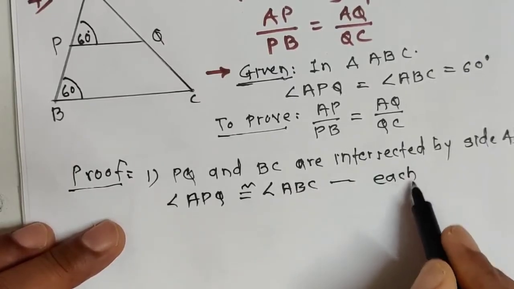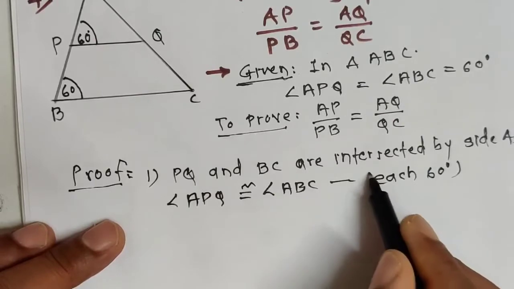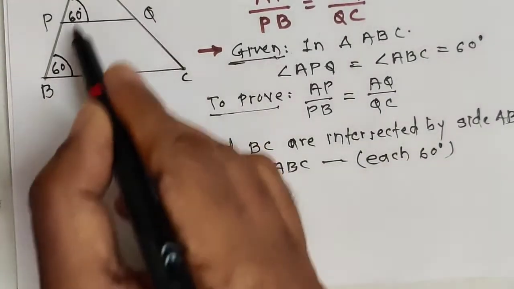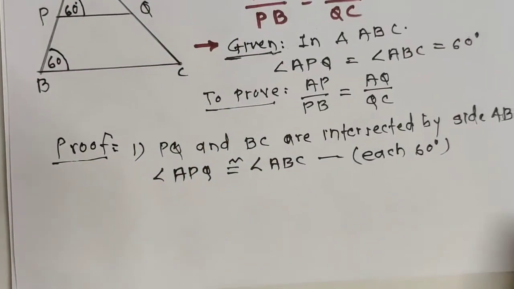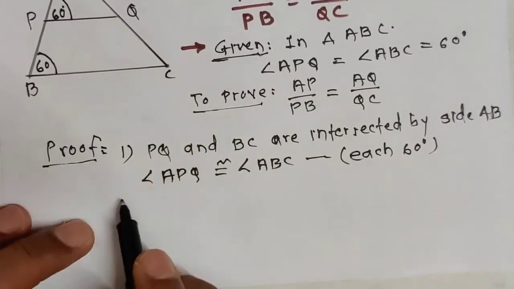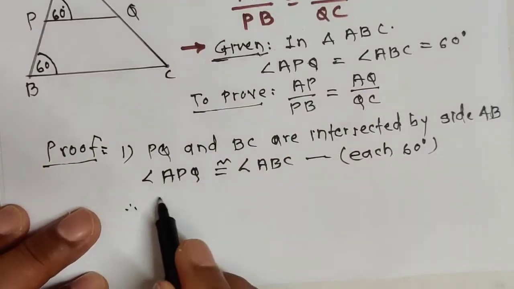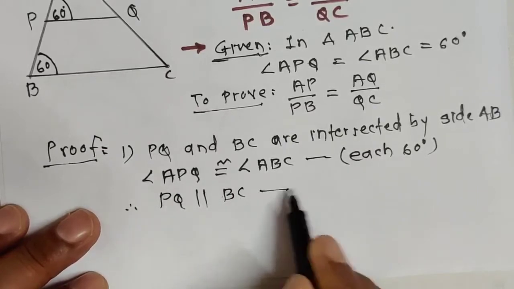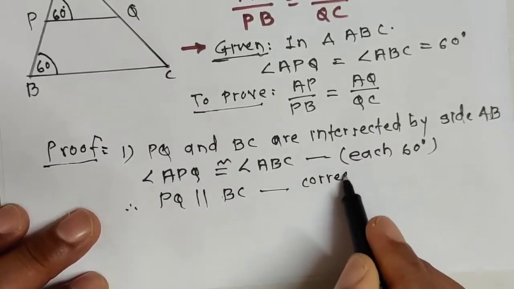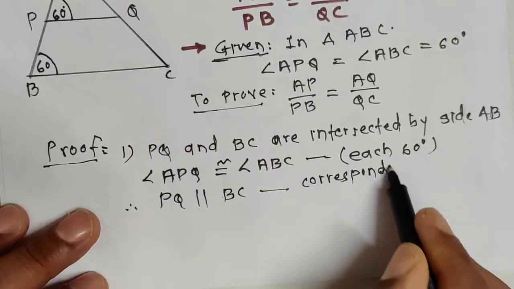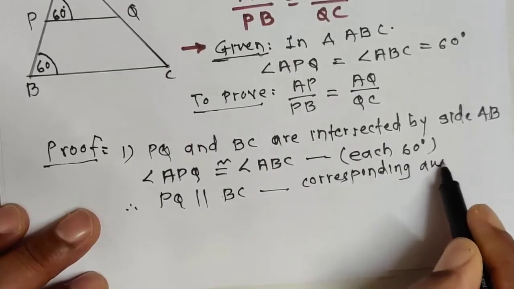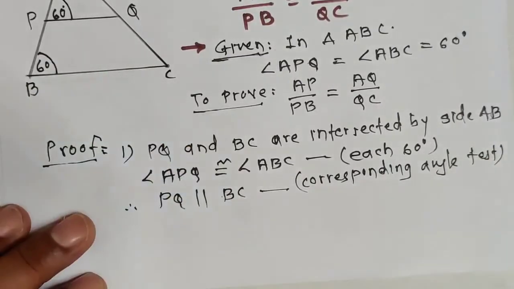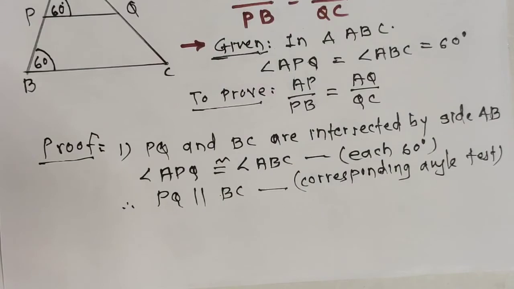Reason: each is 60 degrees. But these angles are congruent. Which type of angles are these? Corresponding angles. So by the corresponding angle test, these two lines are parallel. Therefore, PQ parallel BC. By the corresponding angle test, if one pair of corresponding angles is congruent, then the lines are parallel.